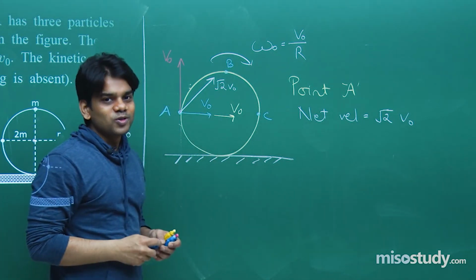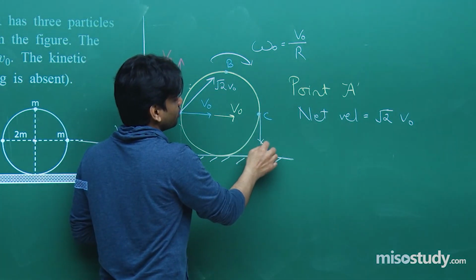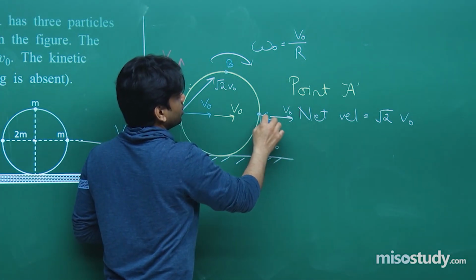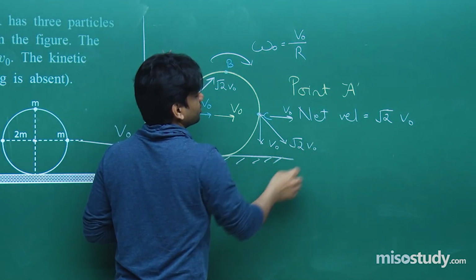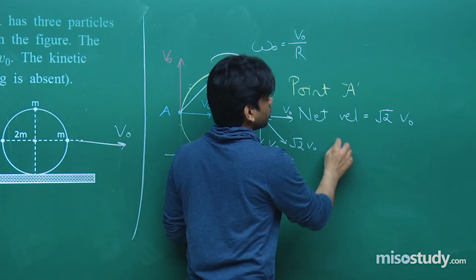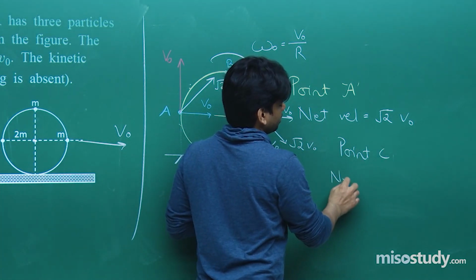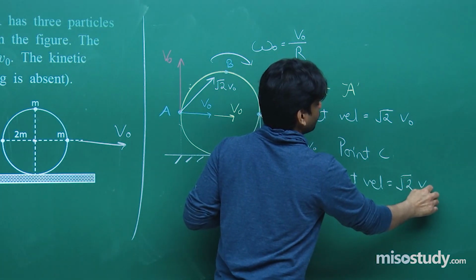Similarly for point C also, it's rolling, so you'll be having two velocities, v0 here and v0 here. So net velocity will come out to be root 2 v0 at this end. So for point C also, net velocity will be equal to root 2 v0.